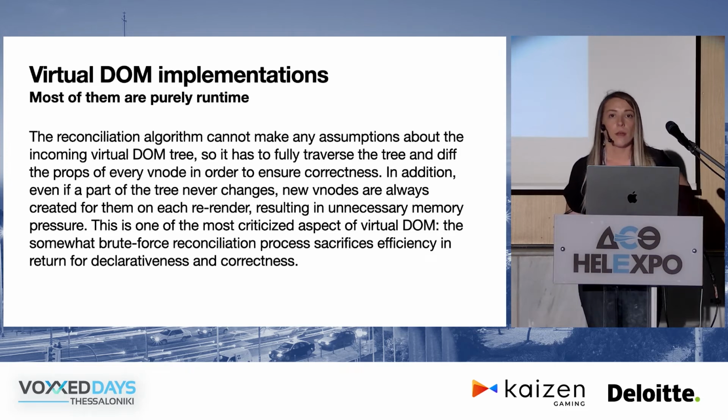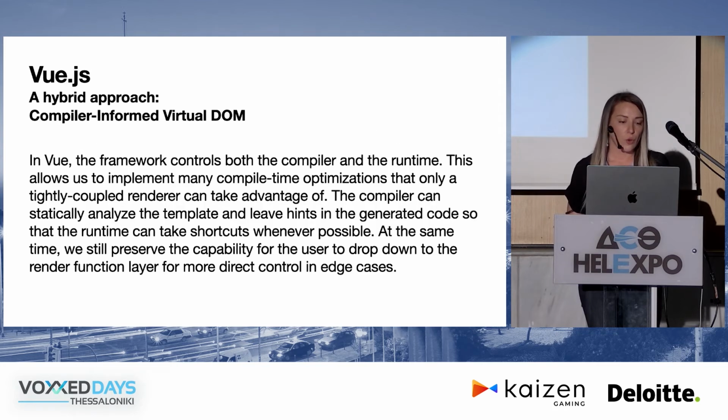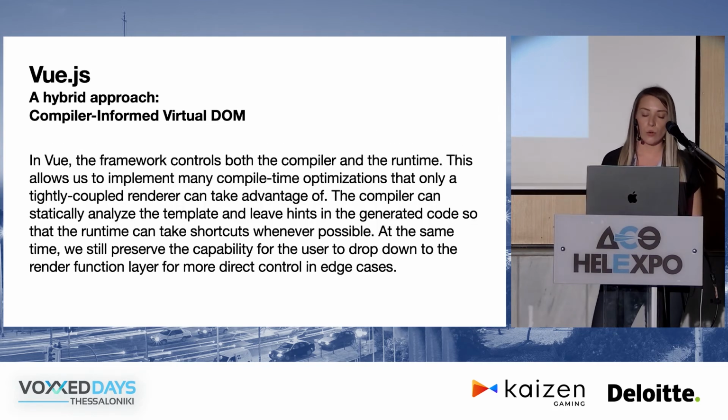So when we implement the virtual DOM we always strive for declarativeness, but in some cases we also need to have some optimization processes, and maybe that's a trade-off for many frameworks. So Vue.js uses a hybrid approach.